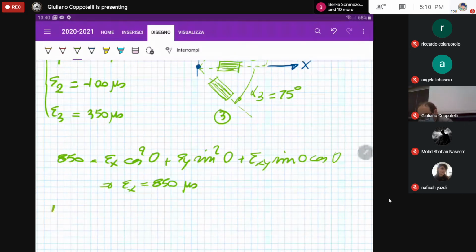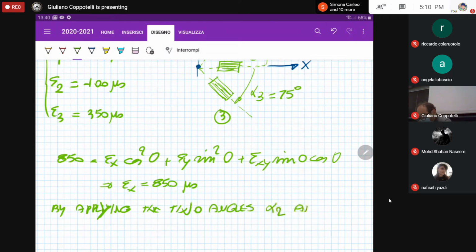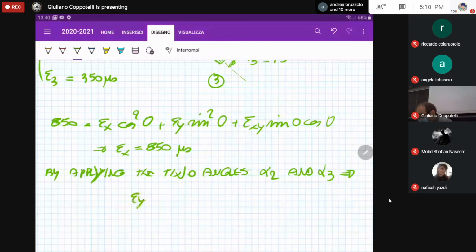Then, by applying the two angles alpha 2 and alpha 3 and solving the problem, what we got is epsilon y equal to negative 3.4 microstrain, and the shear strain epsilon xy is 1185 microstrain.